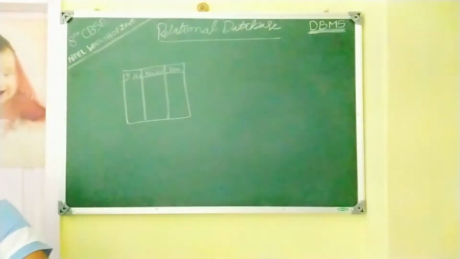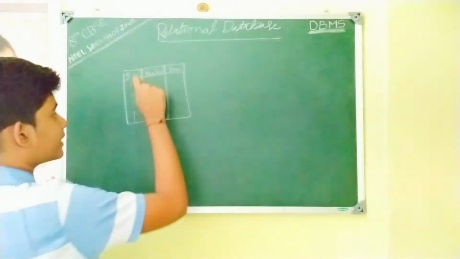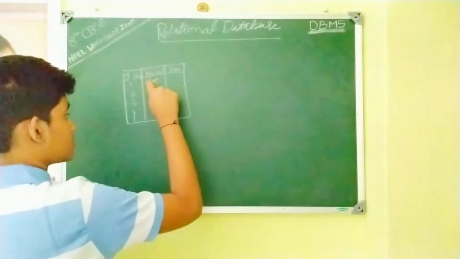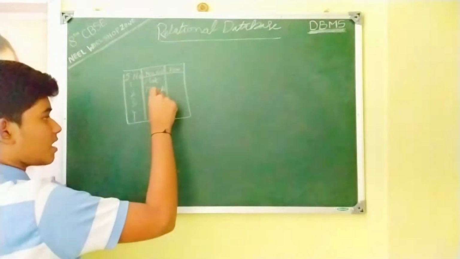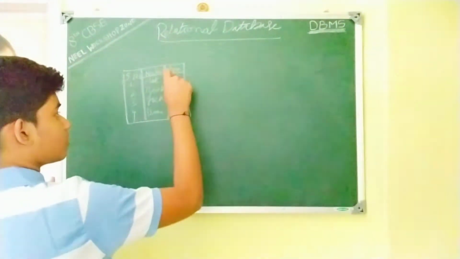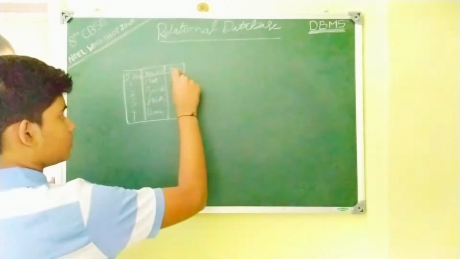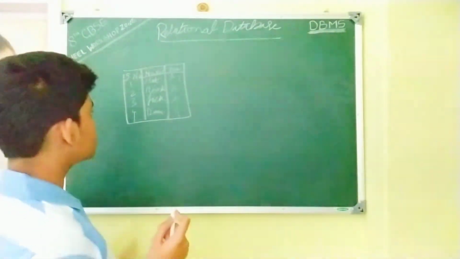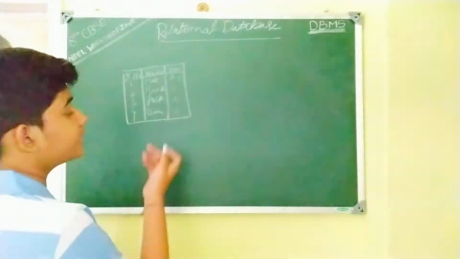Sorry for my handwriting. So let's write 1, 2, 3, 4, and let's write random names. So now I just made a table, right? So here we have the number, the name, and the grade.